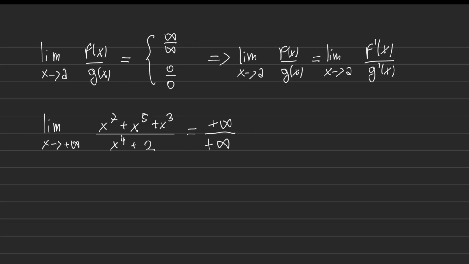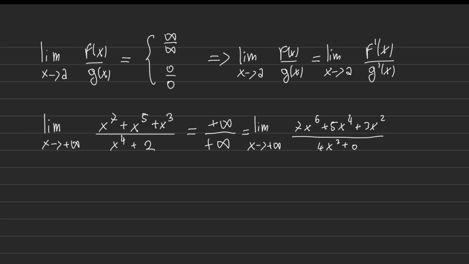But if we try to apply it, we get that this is equal to the limit as x goes to plus infinity of 7x to the power 6 plus 5x to the power 4 plus 3x to the power 2, divided by 4x to the power 3 plus 0.